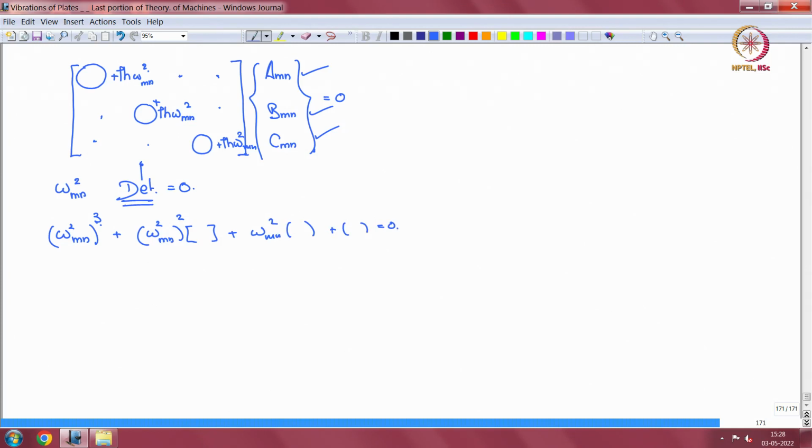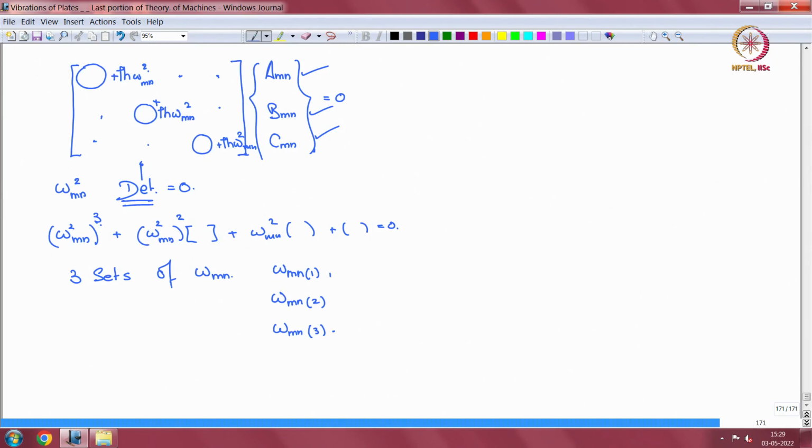So you will get 3 sets of resonances: omega mn first set, omega mn second set, omega mn third set. 3 sets of natural frequencies.